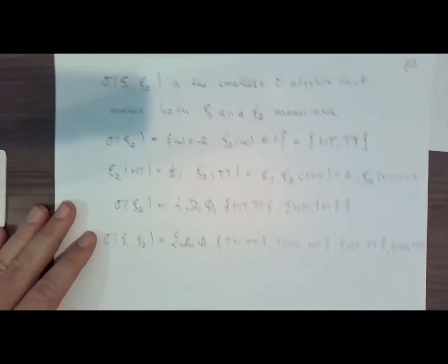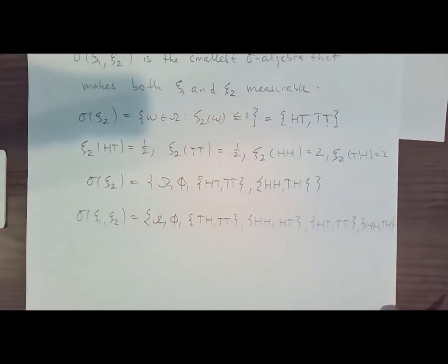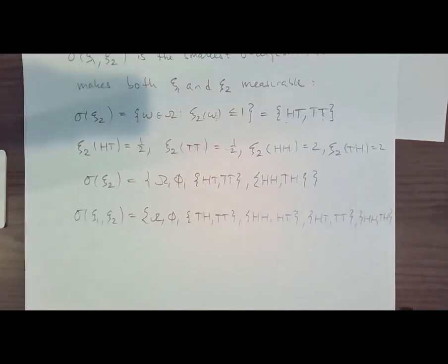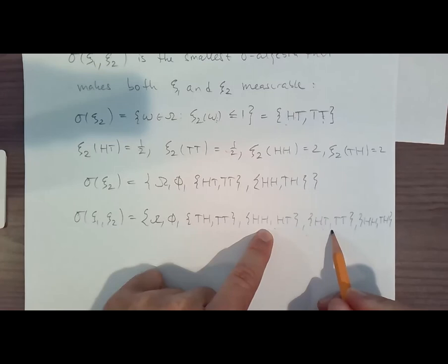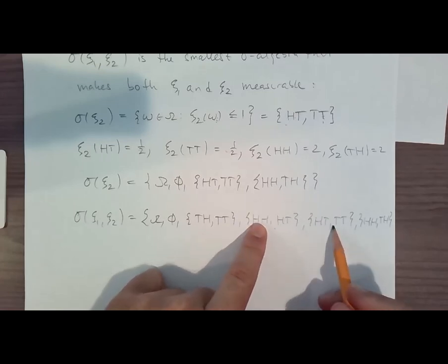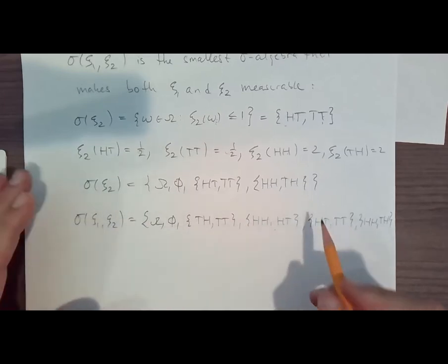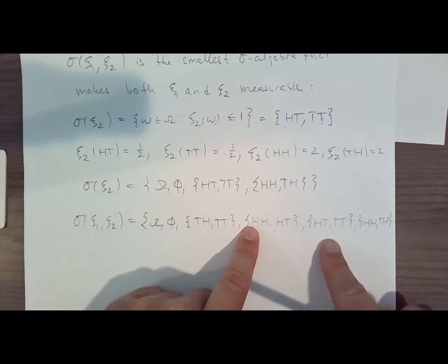And then I need to check that it is stable on the complements, and it's stable on the unions, and so on. And this is where we start seeing a difference, right? If I take the union of these two, I'll get HHTT. Right? If I take the union here of these two sets, the union has to be in there.